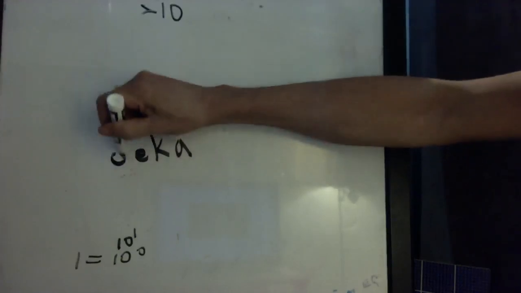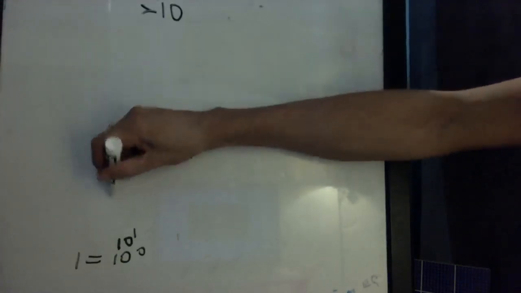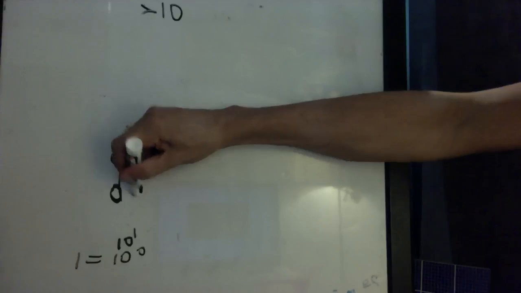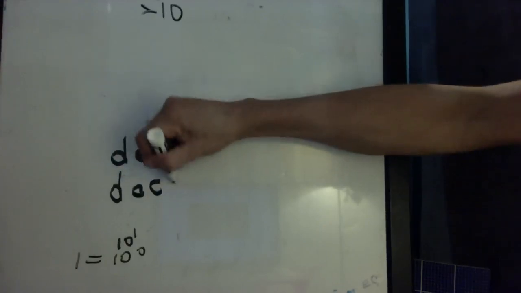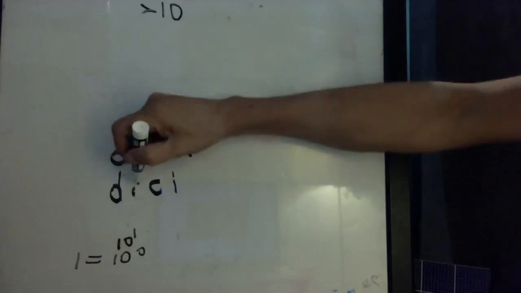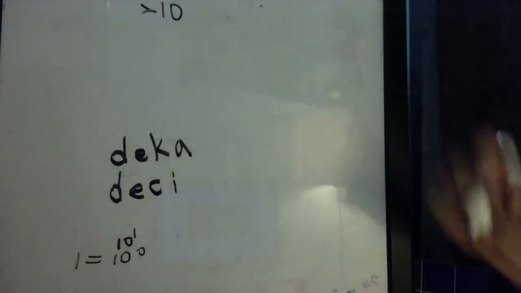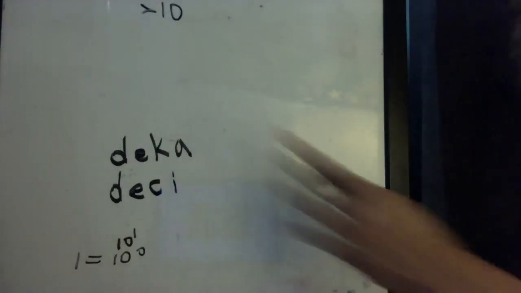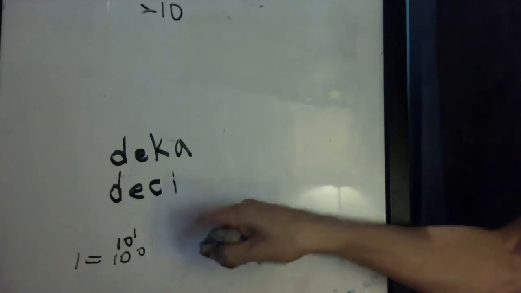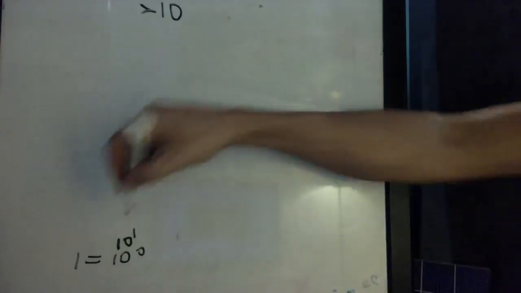Deca should be a D. Deca, as opposed to deci. And deci is when we're less than 10. That would be a tenth. A decimeter, as opposed to a decameter. Names.